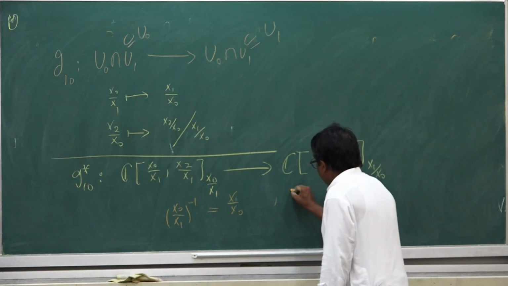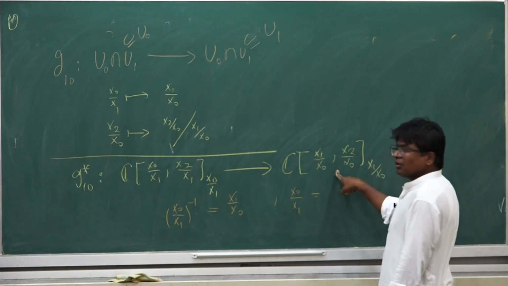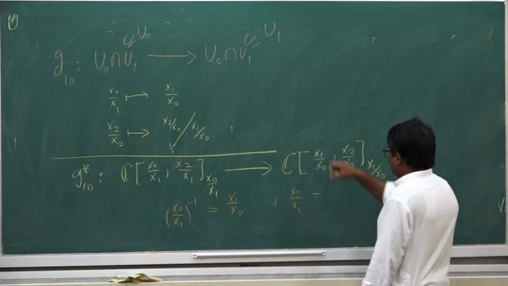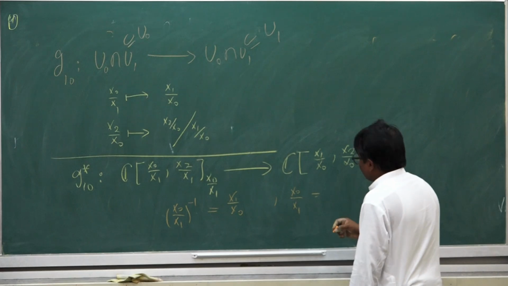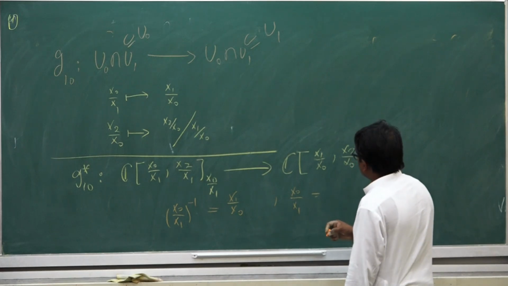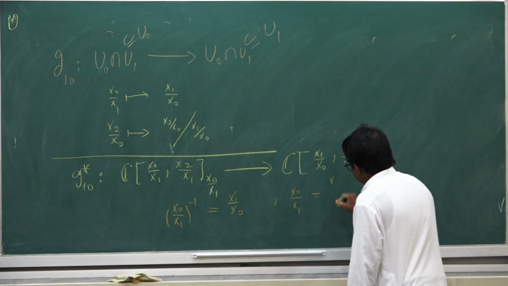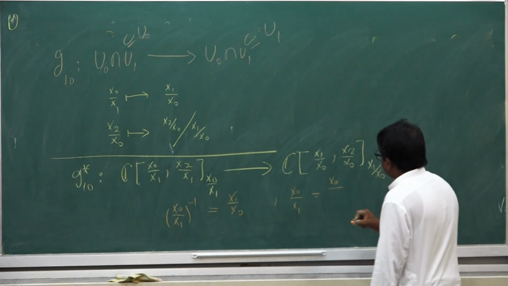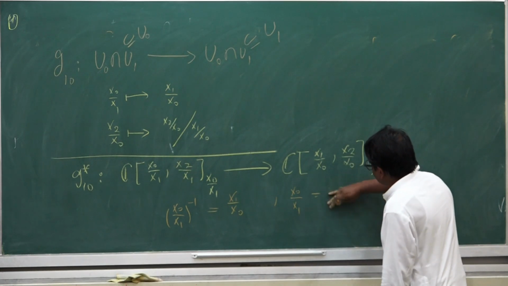And then if I take this x naught over x1, in this algebra I can realize x naught over x1 as, so I want to realize it in this way.